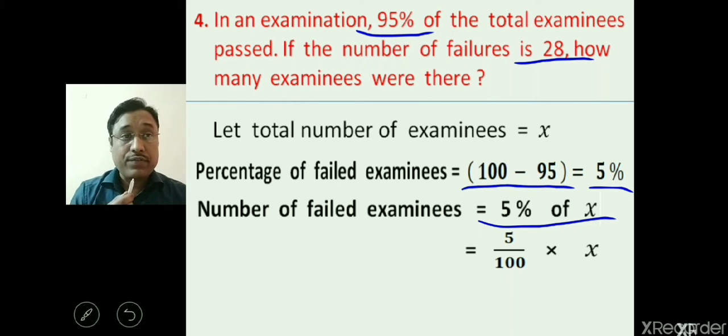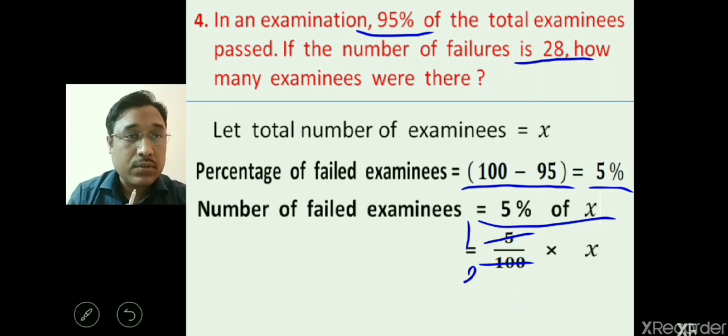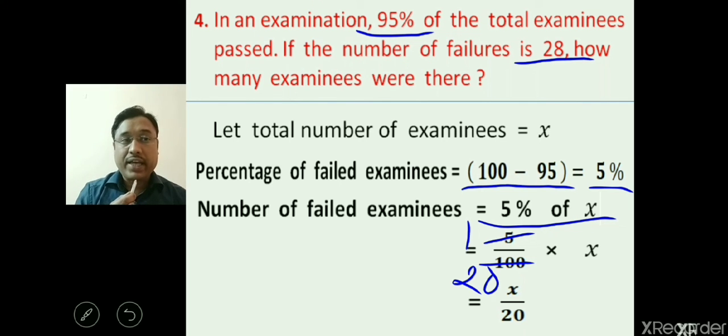Now this 5 you may cut, 5 into 1 and 5 into 20 times. So you will get x by 20, because 1 into x is x. This is the number of failed examinees.